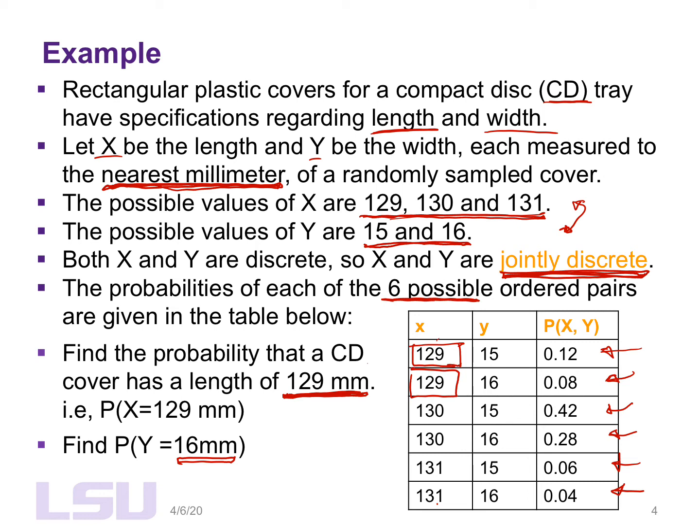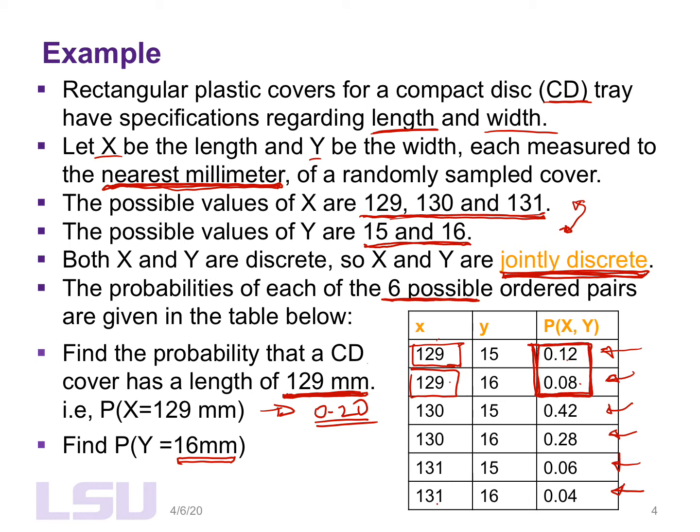So these are the two conditions where it's 129. So you basically need to just add up these corresponding joint probabilities and you will get the marginal. And what's the sum? 0.12 plus 0.08 is going to be 20%. That's the answer to the first one.